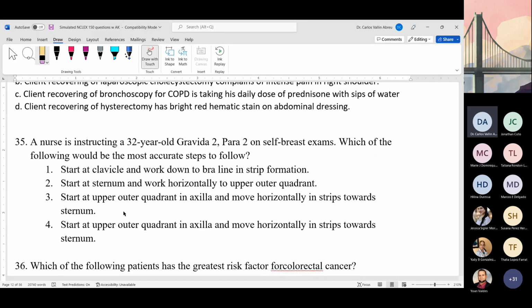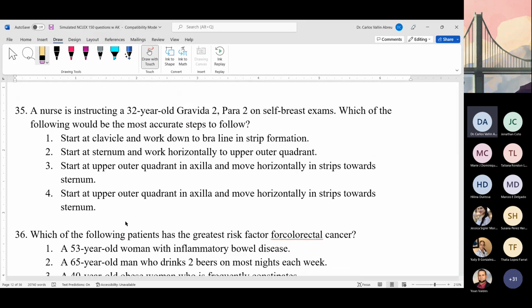Very good. A nurse is instructing a 32-year-old gravida para two on self-breast exams. Which of the following will be the most accurate steps to follow? 1. Start at the clavicle and work down to the bra line in a strip formation. 2.